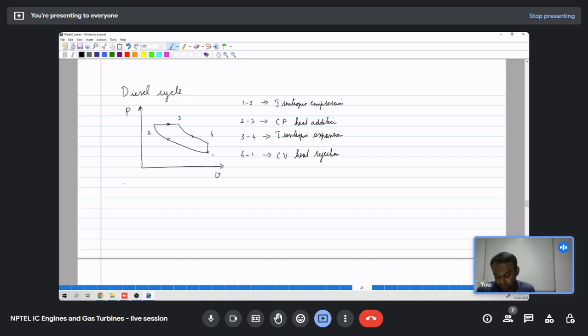One is the compression ratio, which is between volume 1 and volume 2, and we have something called cutoff ratio, which is given by volume 3 by volume 2. So this is volume after heat addition divided by volume before heat addition. Using these two, we can calculate the diesel cycle efficiency.